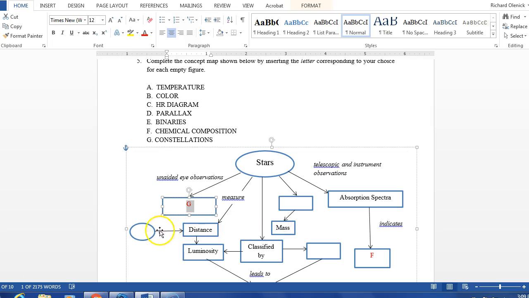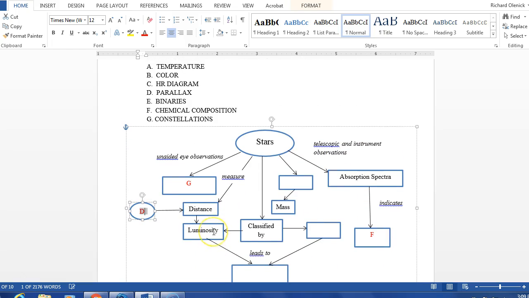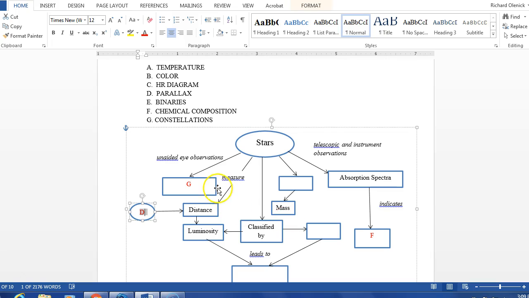Okay, now let's see. What helps us find distance? Well, that we found was parallax. So we would put a D in here for parallax. Now let's see, classified by, how did we classify stars?